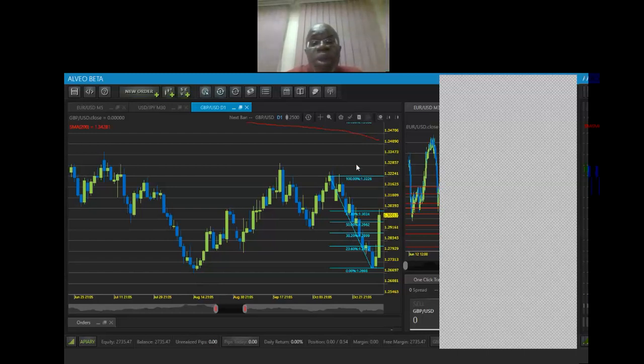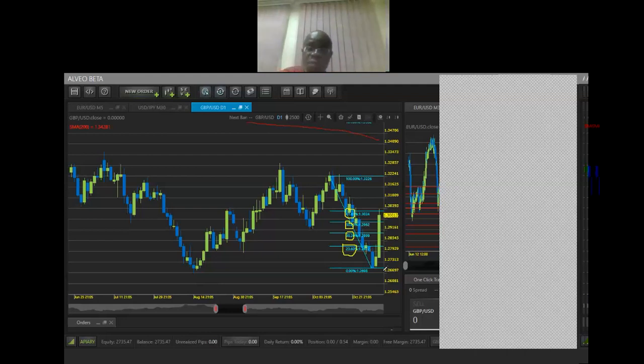Those are what we call significant numbers in Fibonacci. So in Forex, you take advantage of that knowledge and you make sure you always have your take profits at those levels: 23, 38.2, 50, and the last one 61.8.